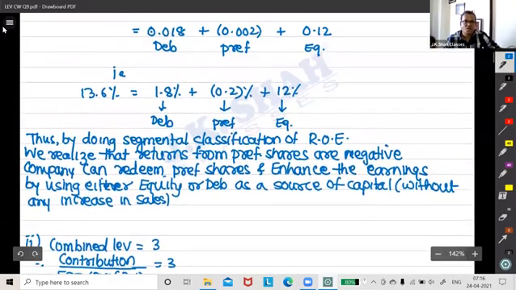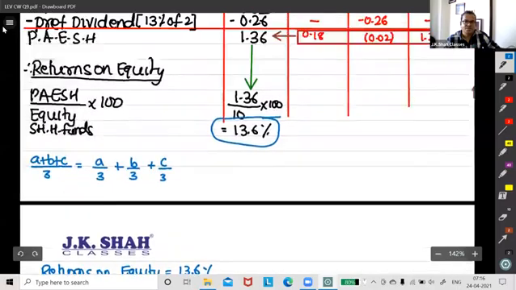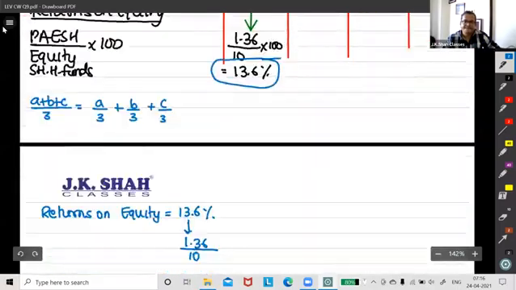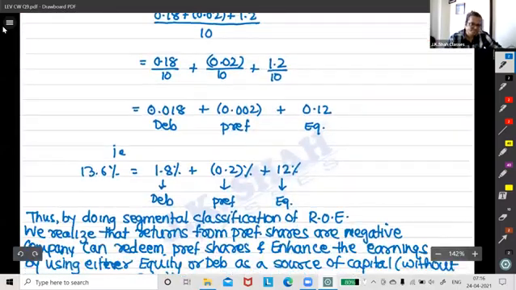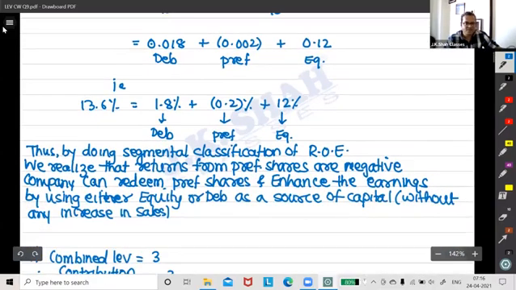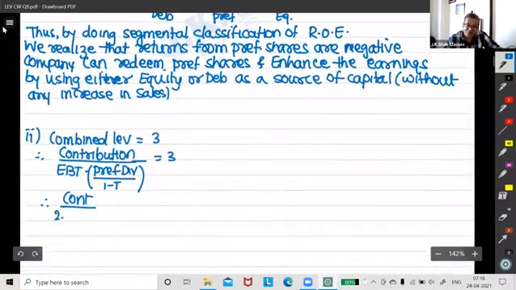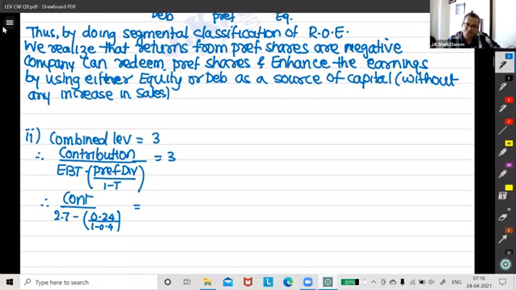Obviously, now we need to take a total value, right? It's 2.7 minus, how much was preference dividend? 0.24, correct? Divided by 1 minus 0.4 is equal to how much? 3. Achha, preference dividend is 0.26. I'm so sorry.